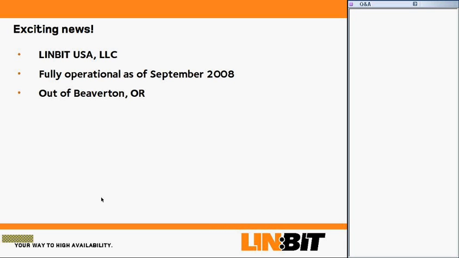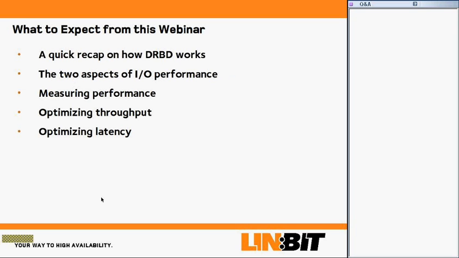So much for the exciting news that I wanted to add here before the actual start of the talk. What we're going to be giving you is a quick recap on how DRBD actually works and what it means in terms of performance aspects. We're going to be talking about the two aspects of I/O performance, namely throughput and latency, and we're going to show you what the differences between those are and how to find them out.